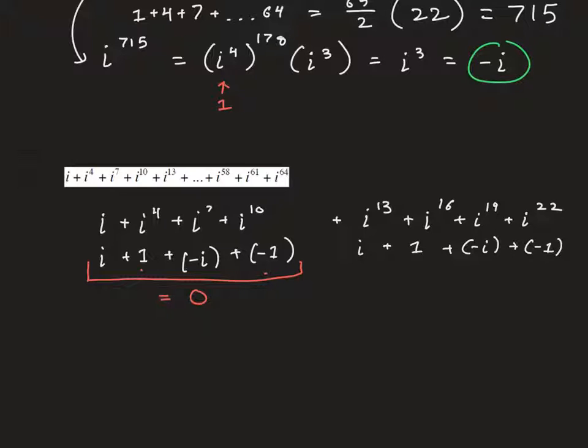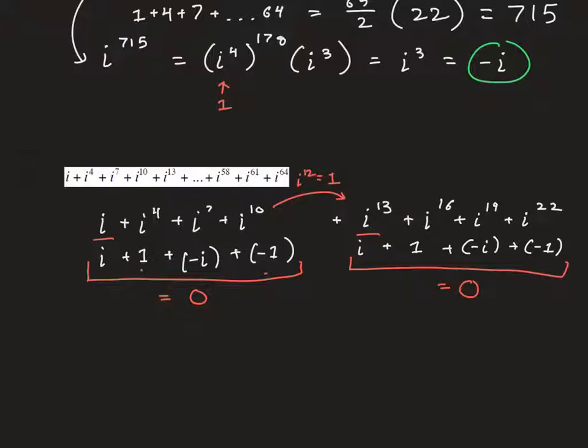And this is because all the numbers in this sequence are just multiplied by I raised to the power 12, and that's equal to 1. Each of those corresponds to each of the ones in the first one. And obviously this is also equal to 0.